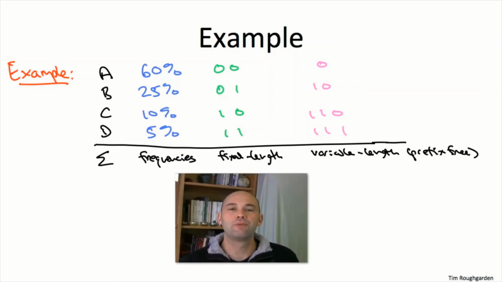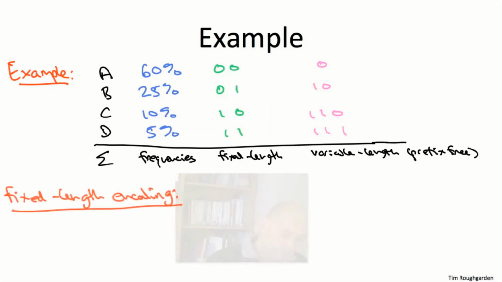So let's compare the performance of the obvious fixed length code, where we use 2 bits for each of the 4 characters, with that of the variable length code that's also prefix-free that we mentioned on the previous slide. We're going to measure the performance of these codes by looking at how many bits you need on average to encode a character, where the average is over the frequencies of the 4 different symbols. For the fixed length encoding, of course, it's 2 bits per symbol.